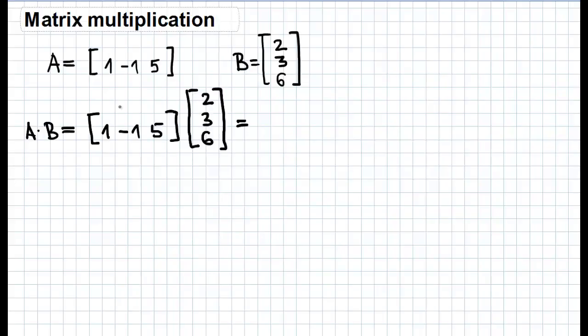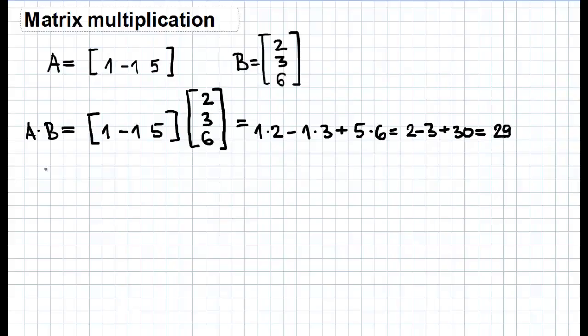Now we have one column and one row, and we write 1 times 2 minus 1 times 3 plus 5 times 6, which equals 2 minus 3 plus 30, which equals 29.